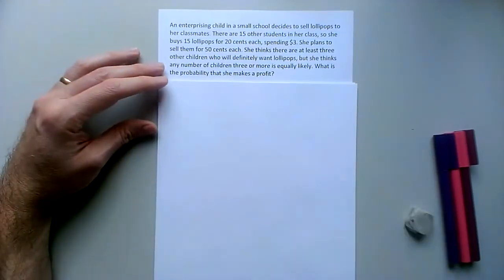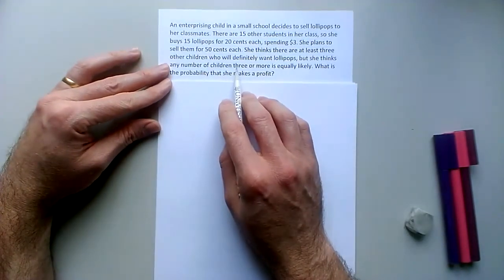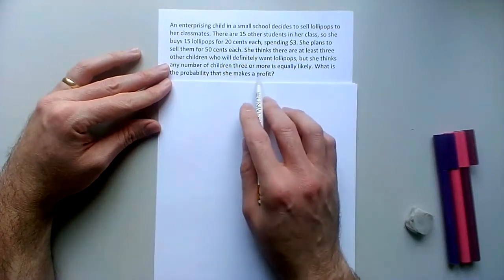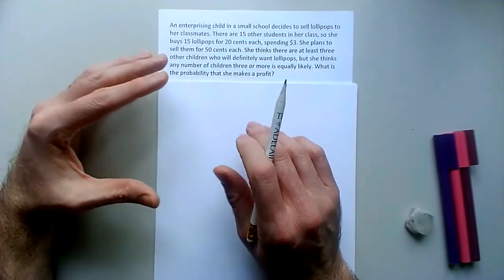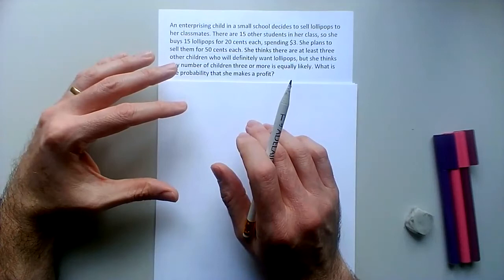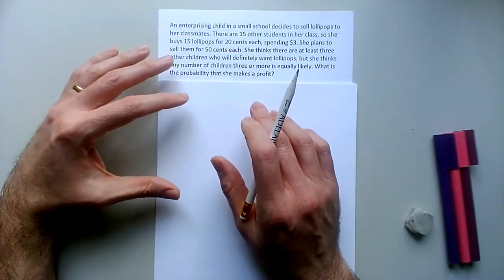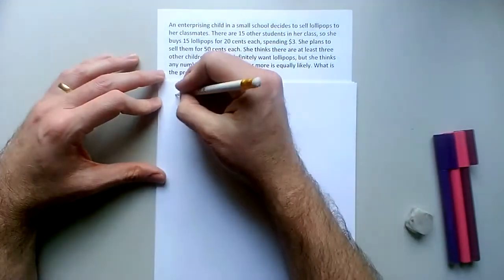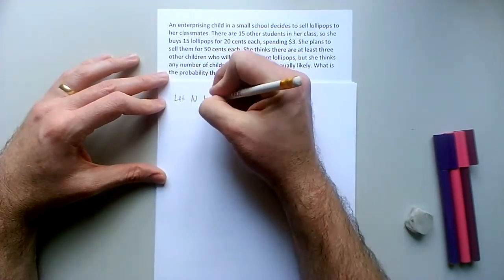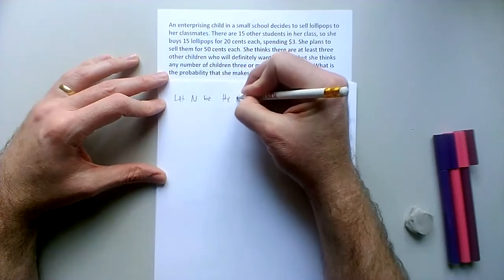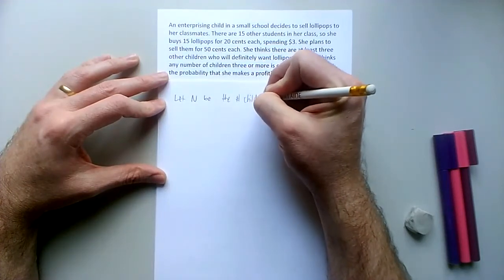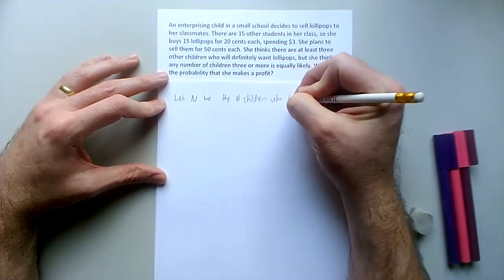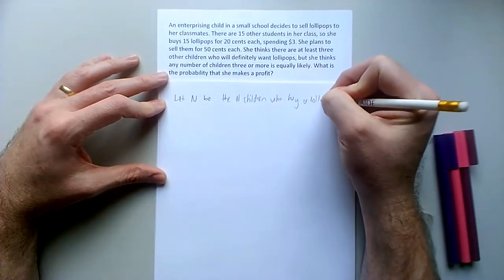So the number of children, we've been told they're equally likely from 3 up to 15, I guess. So that's a uniform, discrete random variable. So I reckon I can make a start using that. I'll give it a name. Let n be the number of children who buy a lollipop.